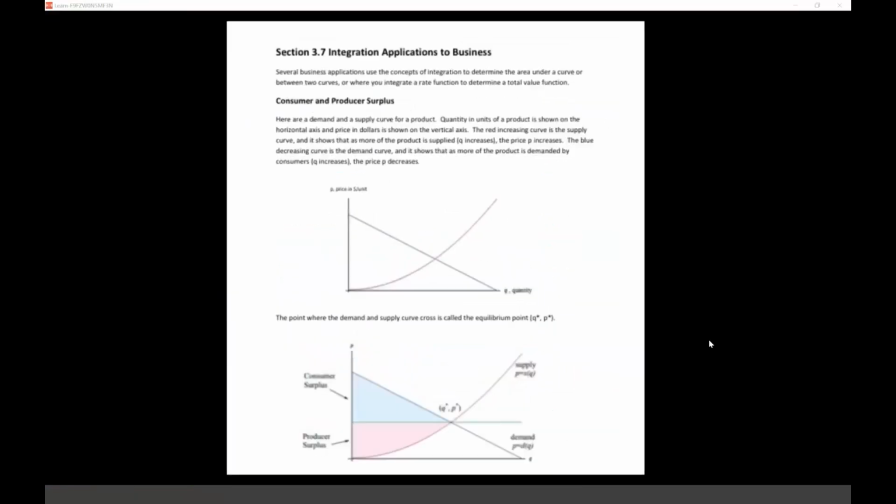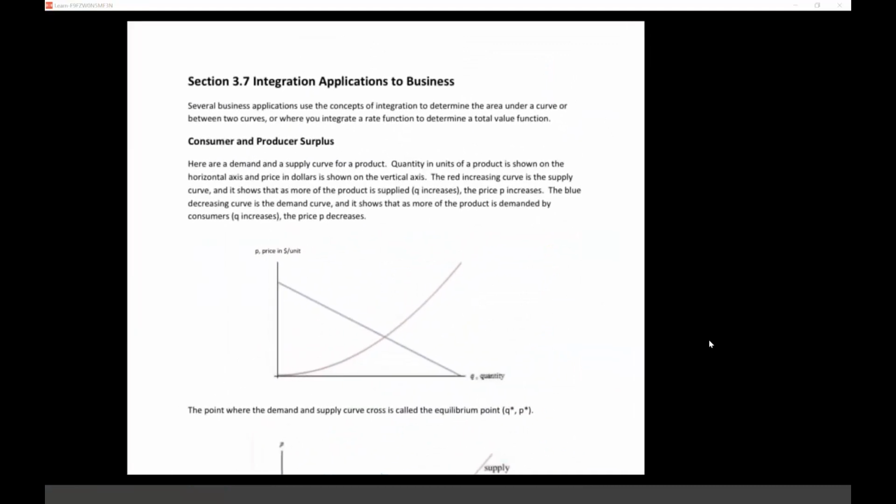Everybody should be seeing 3.7 Integration Applications to Business. And I'll get the chat open in case anybody has comments. And again, I'd encourage you to just speak up if you've got comments or anything while we're moving along.